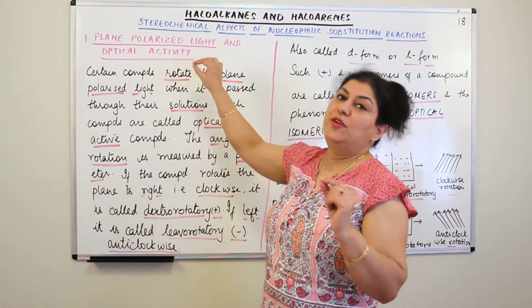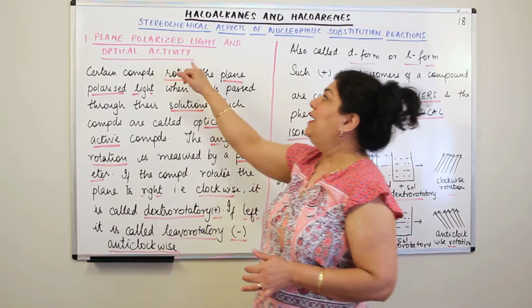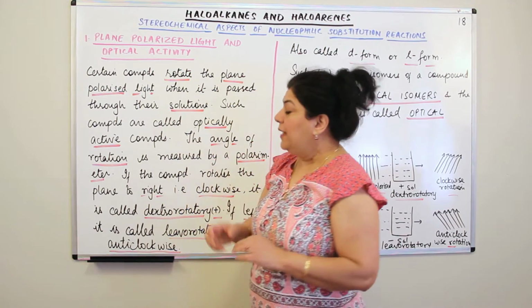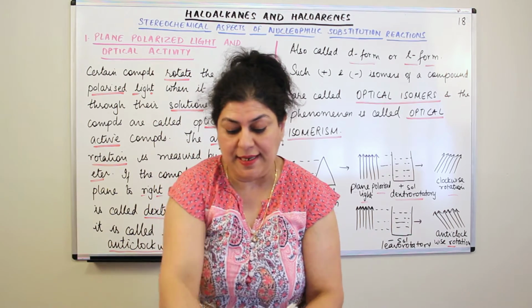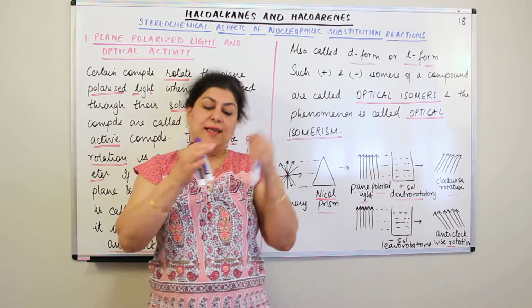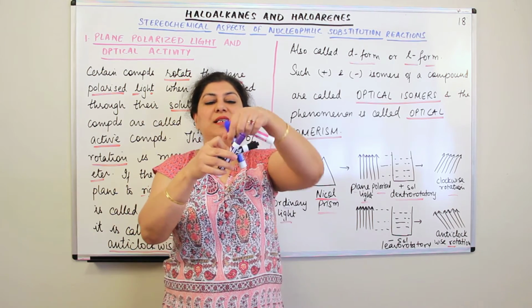The first stereochemical aspect that we would be discussing in this video is plane polarized light and optical activity. When I talk of plane polarized light, let us take an example with these pens. Let us imagine that light consists of different rays, and these rays may be scattered in different directions.